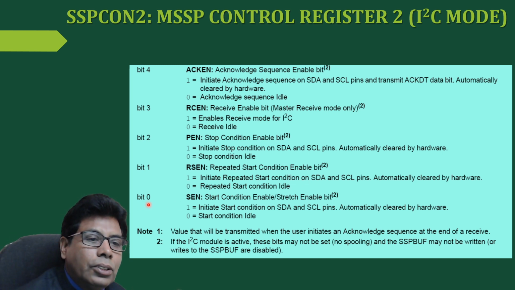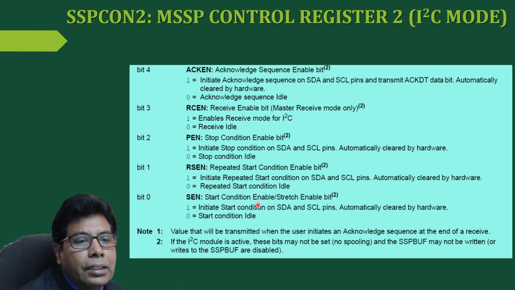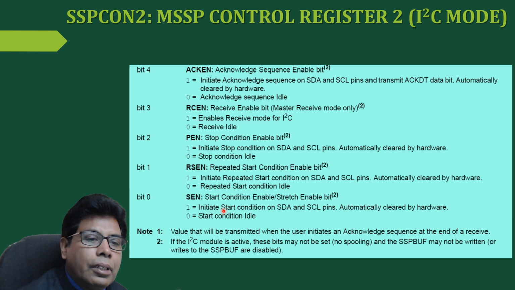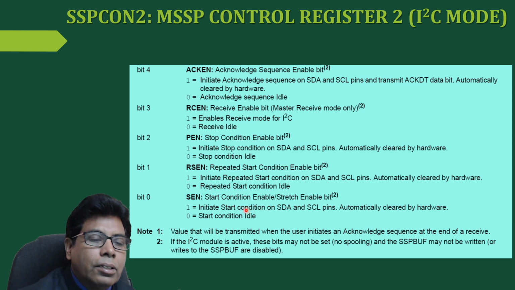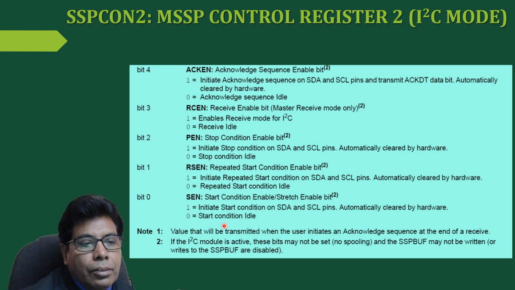Then bit 0, that is start condition enable or stretch enable bit. It will initiate the start condition on SDA and SCL pins and is automatically cleared by the hardware. Then 0 means start condition idle. So these are the different control registers and the status register.